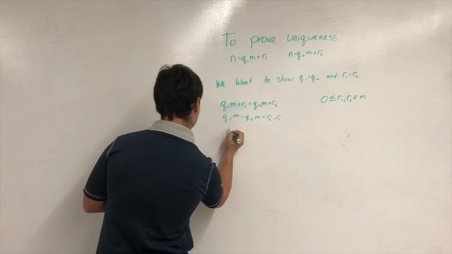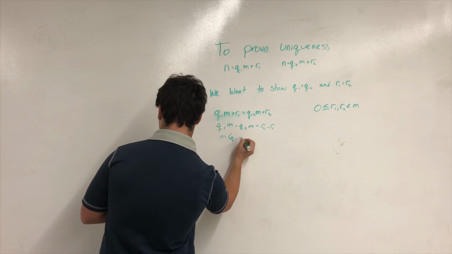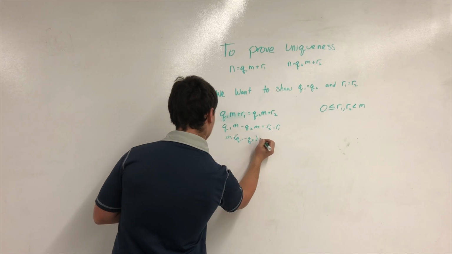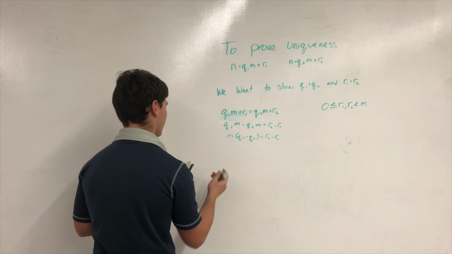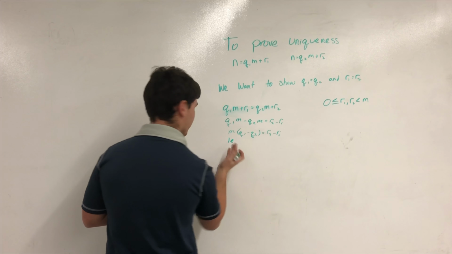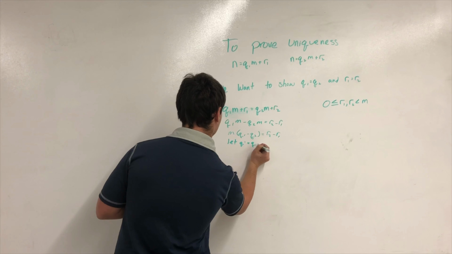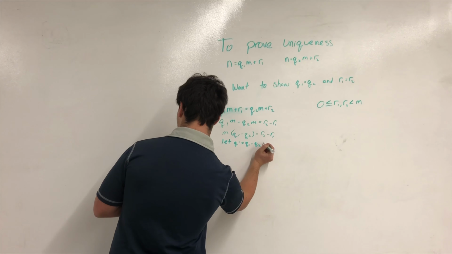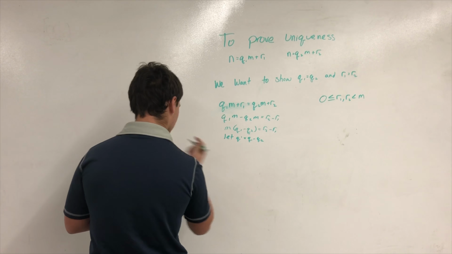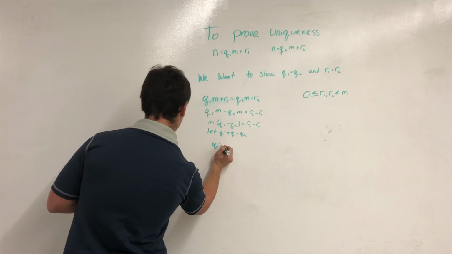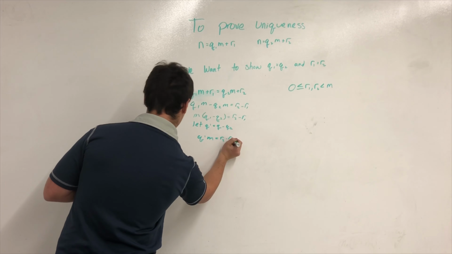Then we simplify a little bit and get m times q1 minus q2 equals r2 minus r1. Now we're going to create a new variable and let q prime equal q1 minus q2. And then we can see that q prime times m equals r2 minus r1.